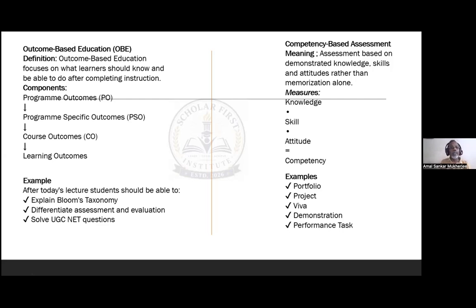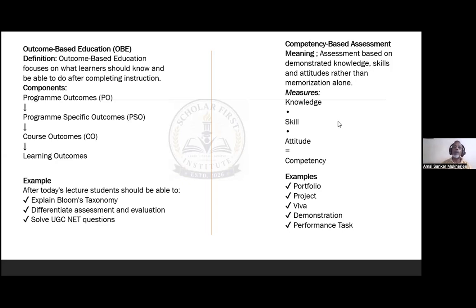For example, it is stated in that way: after today's lecture, students should be able to explain Bloom's taxonomy, differentiate assessment and evaluation, solve UGC NET questions. These are the outcomes that you have fixed. Now, after the lesson is over, we will have to check whether all those outcomes are attained or not. If they are attained, that means effective learning development is done for the student. So this is the outcome-based evaluation or OBE system.